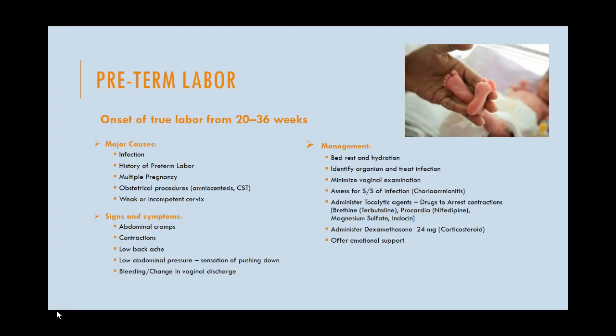So an amniocentesis, that's irritating to the uterus. We're actually sticking a needle through mom's abdomen and into her uterine wall inside her uterus to the amniotic fluid. That's irritating. Multiple pregnancies, because the uterus becomes so large quicker than if it had a singleton pregnancy inside.